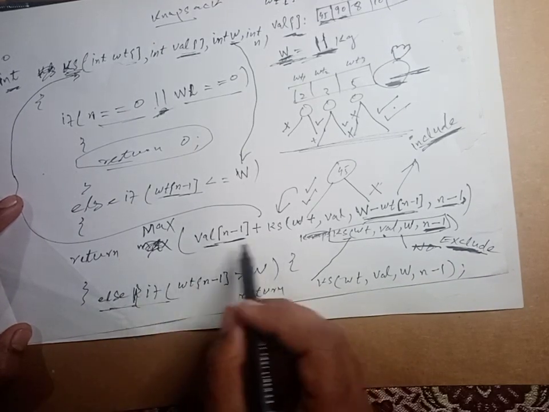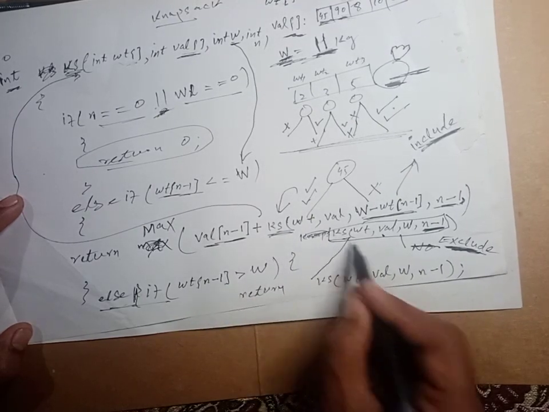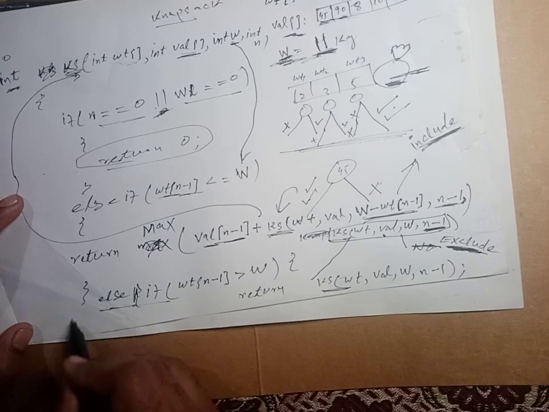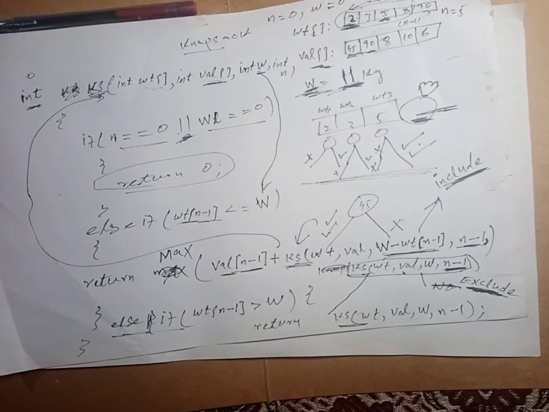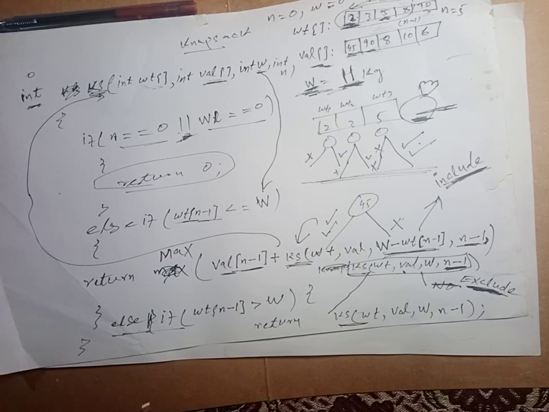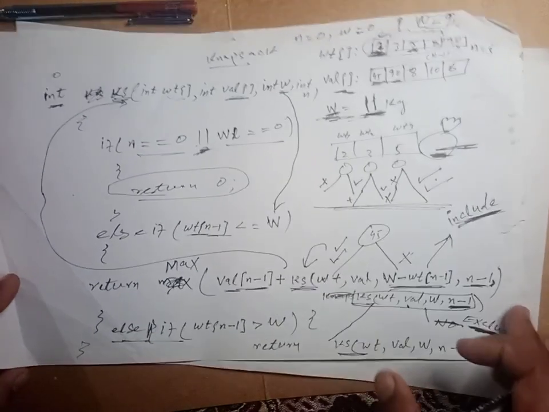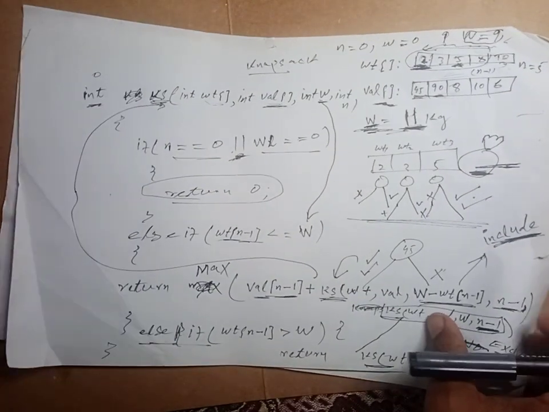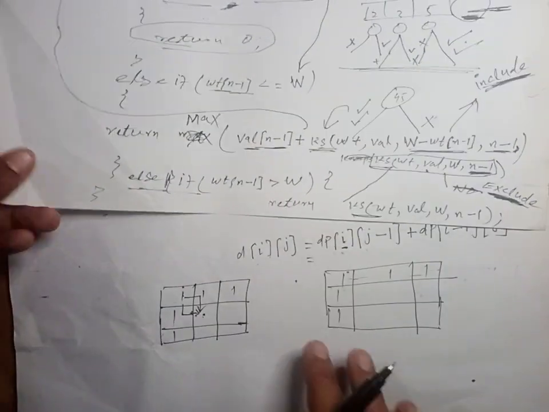So 3 recursive calls are taking place here, the one is this, the second, and the third, and this is our recursive function. So did you understand? This was the recursive definition of the code, and this was the code.